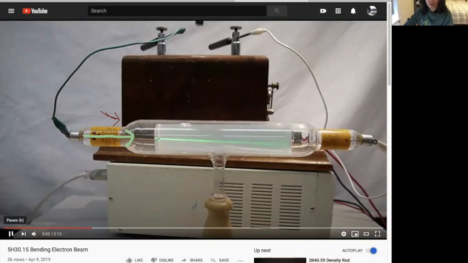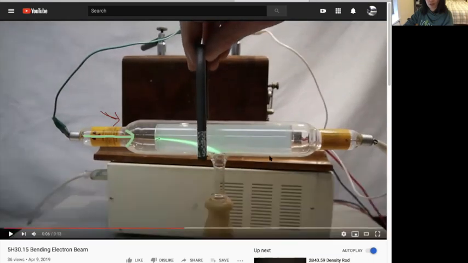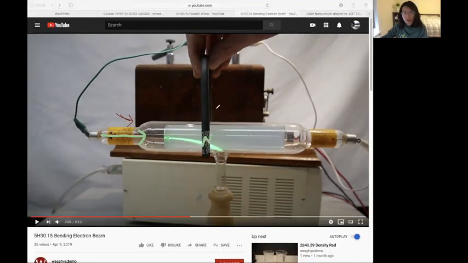So you see, this horseshoe magnet is going this way, where this end is north and the other end is south. So this end is north, this end is south, and it will bend my electron beam downward, right?